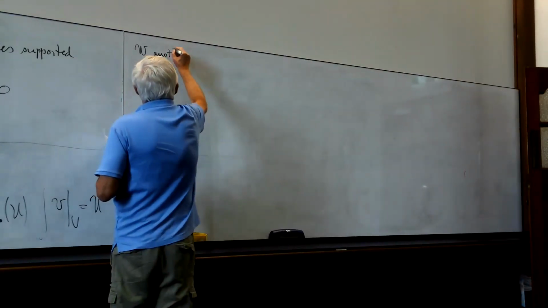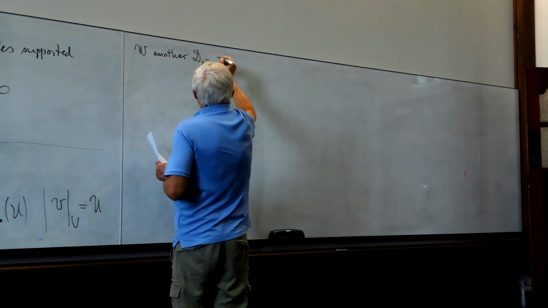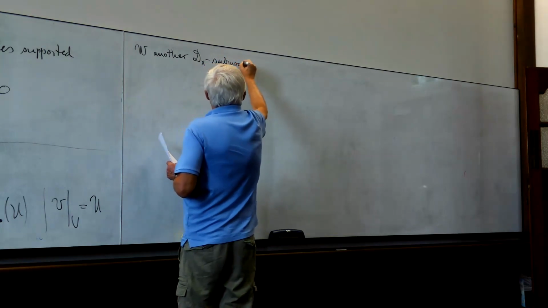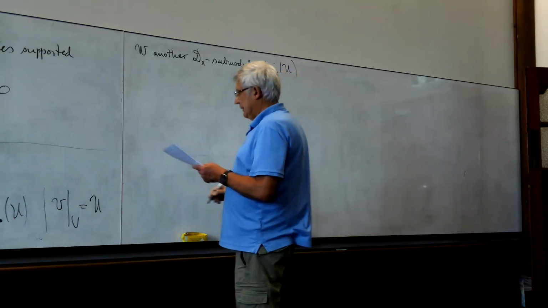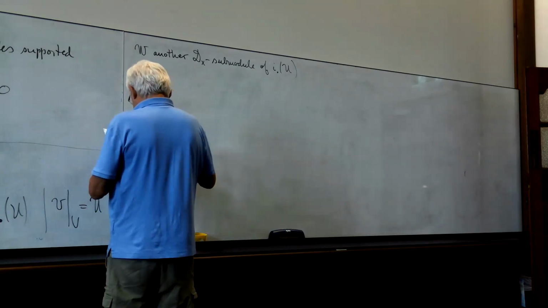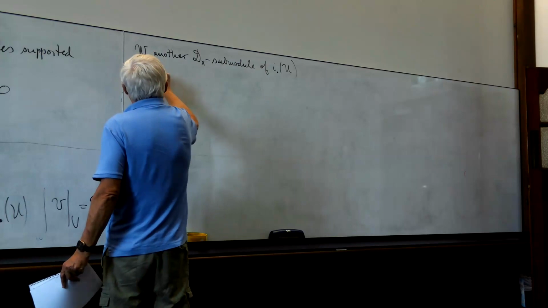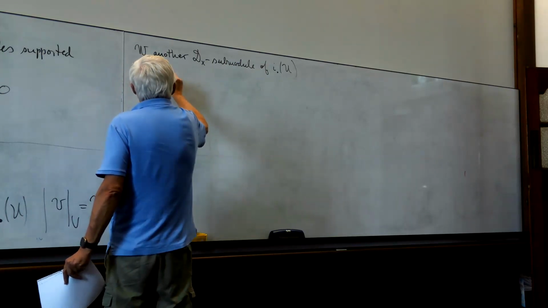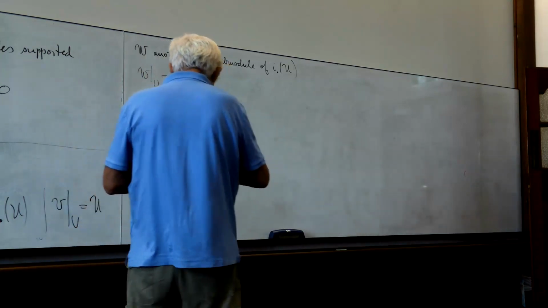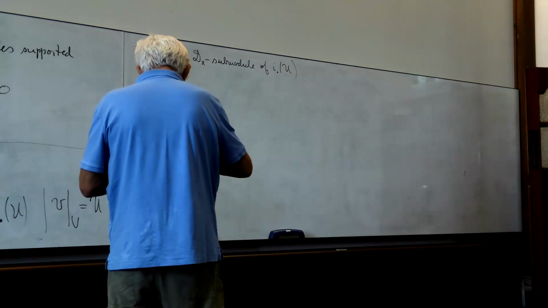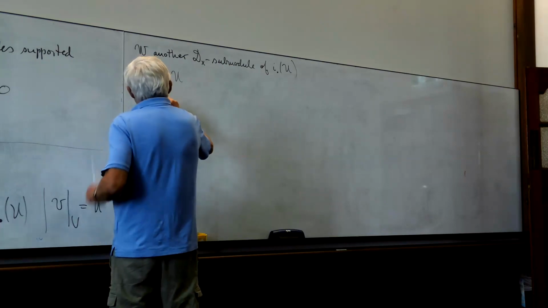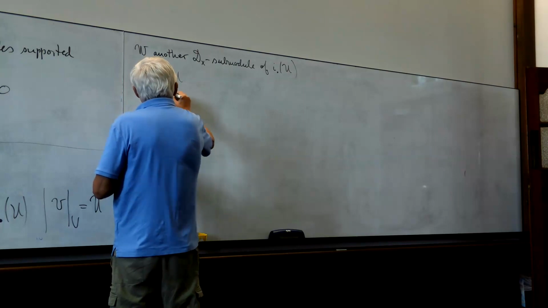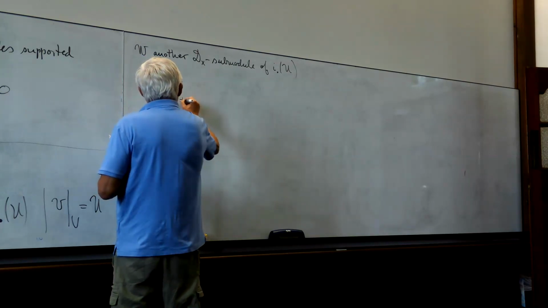Let W be another D of X submodule of I lower star of U. Then by what we observed, W restricted to U is also equal to script U. Therefore, W intersected with V is different than 0.